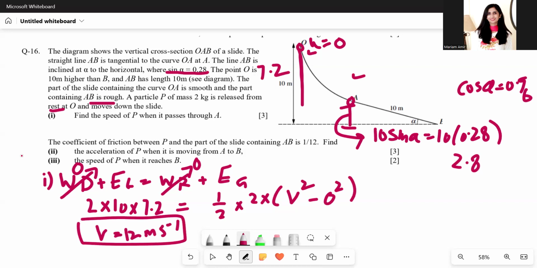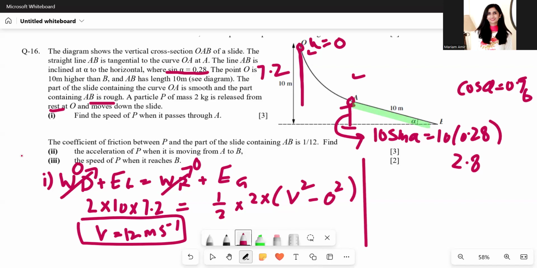Part 2 says the coefficient of friction between P and the part of the slide containing AB is 1 by 12. Find the acceleration of P when it is moving from A to B. If we need acceleration, I'm using Newton's second law. Forward force minus backward force is equal to ma on this part of the journey.